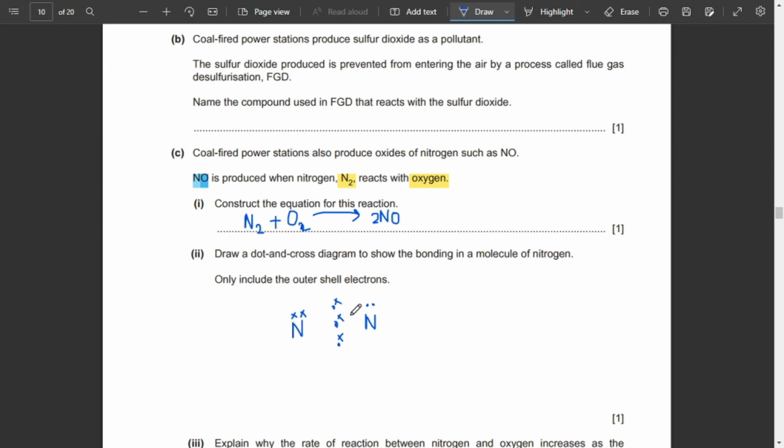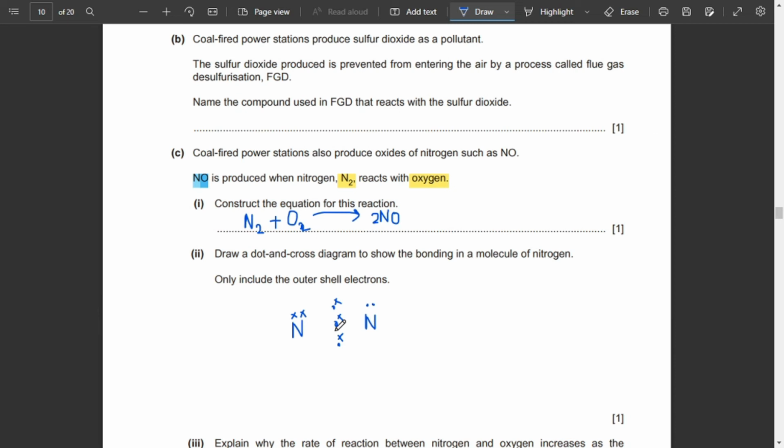So this is how we are supposed to draw it. Basically, nitrogen has 5 electrons in its outer shell. And that is how we've drawn it. We are showing the sharing of electrons over here, and that's how you're supposed to draw it.